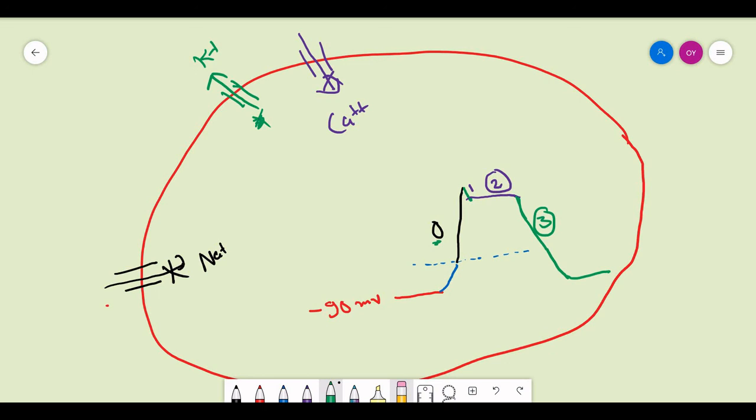And after next impulse comes, the same thing will happen. Depolarization, slight repolarization, plateau, then repolarization. Okay. So this is the action potential in cardiac muscle cells.